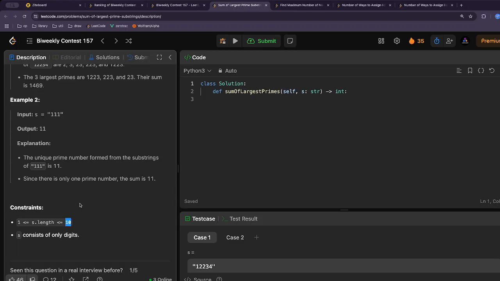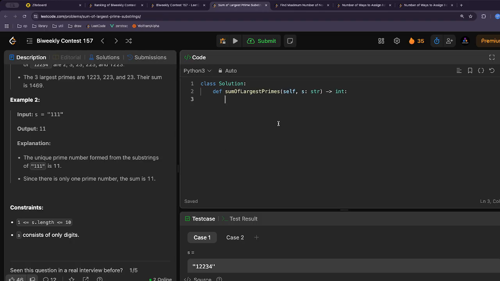Testing if a number is prime. But since the numbers can be pretty big, they can have 10 digits, then we cannot pre-calculate a sieve, right? Because that would be too large of a sieve. So we have to do a different type of prime testing.